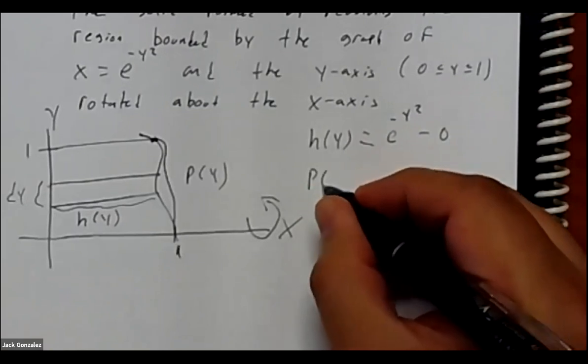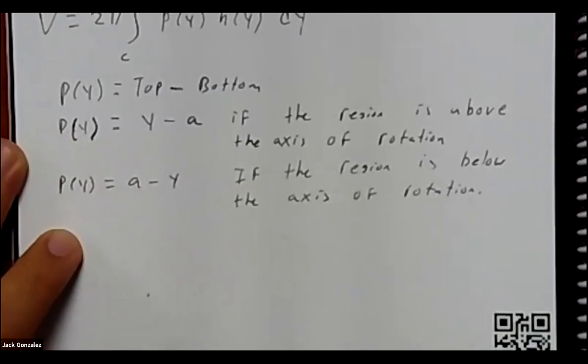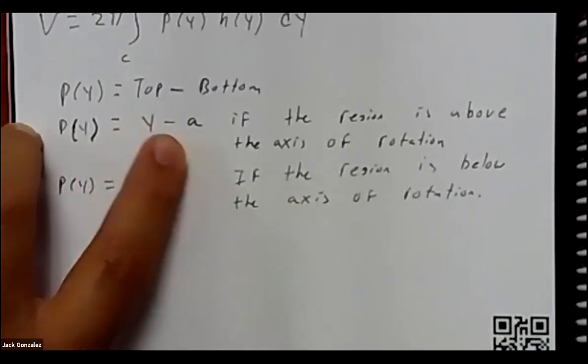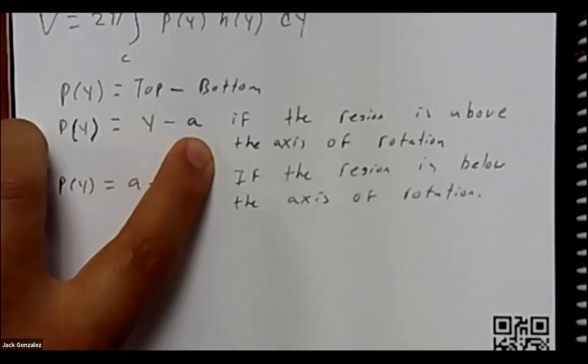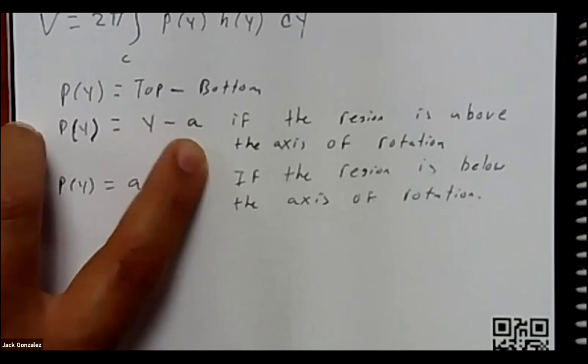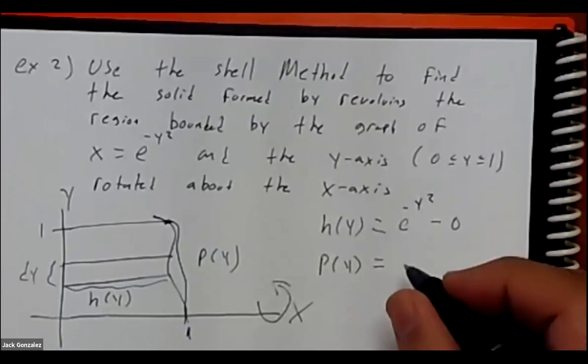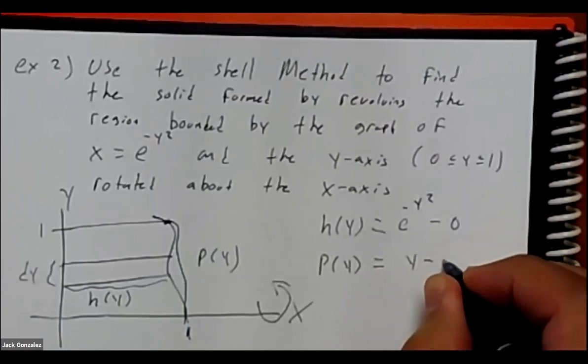Now rho is the one that's kind of strange. This depends on where the region is and where the rotation is. We said it's going to be y minus the rotation, y minus a, if the region is above. Am I above the rotation? Right, so it's going to be y minus 0.